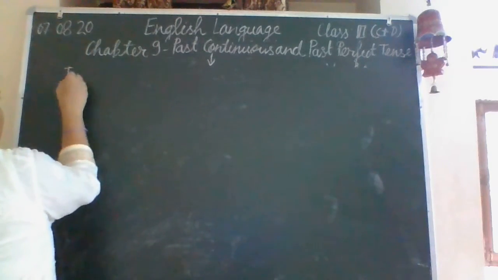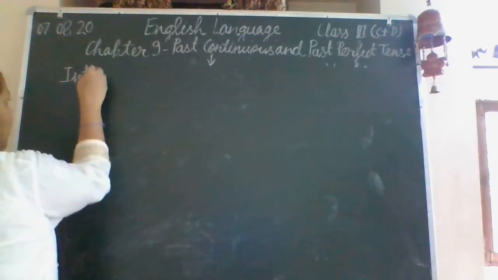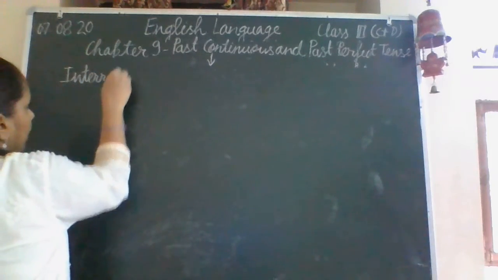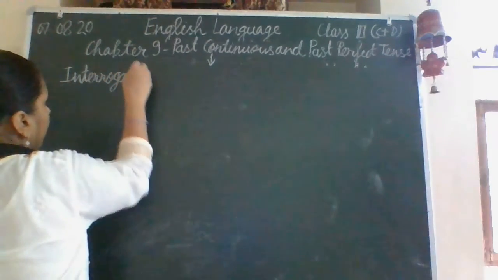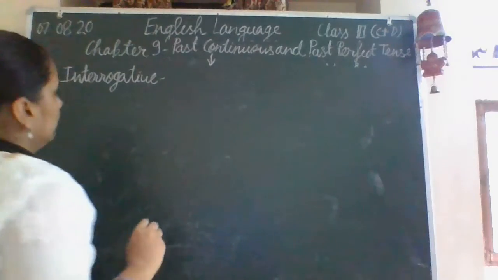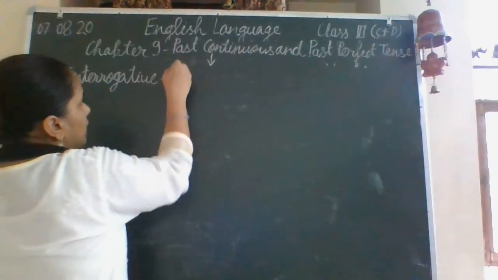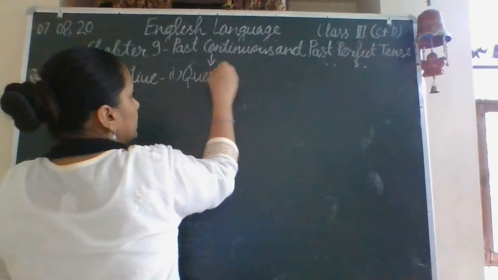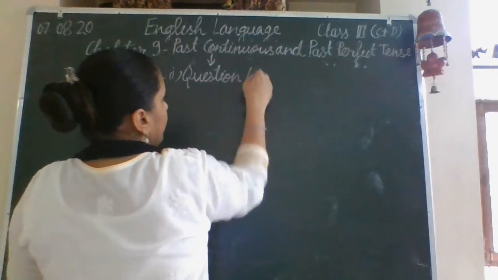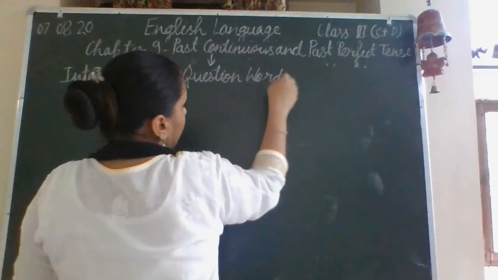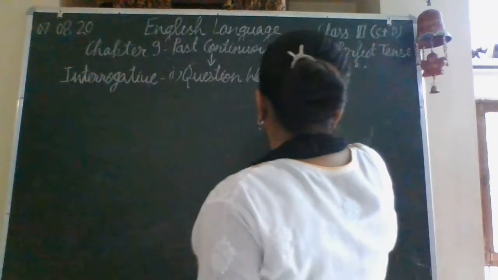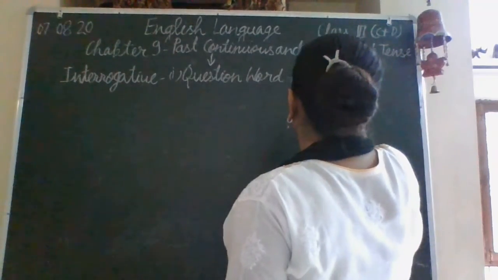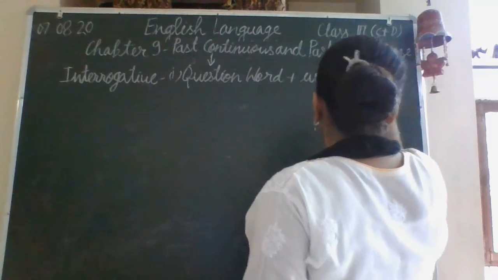So, for the interrogative sentence, the one which starts with the question word: first comes the question word, then was or were.